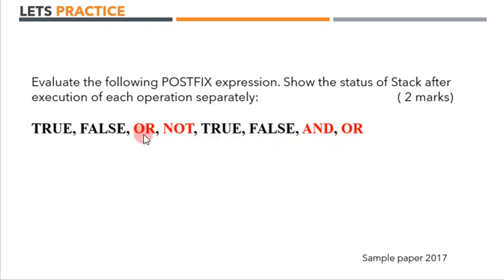Okay, don't forget, and and or are binary operators, whereas not is a unary operator. So if the symbol scanned is not, you need to pop only one operand, find the result accordingly and push that result into the stack. So that was a twist in the story, and I hope you are going to enjoy doing this.